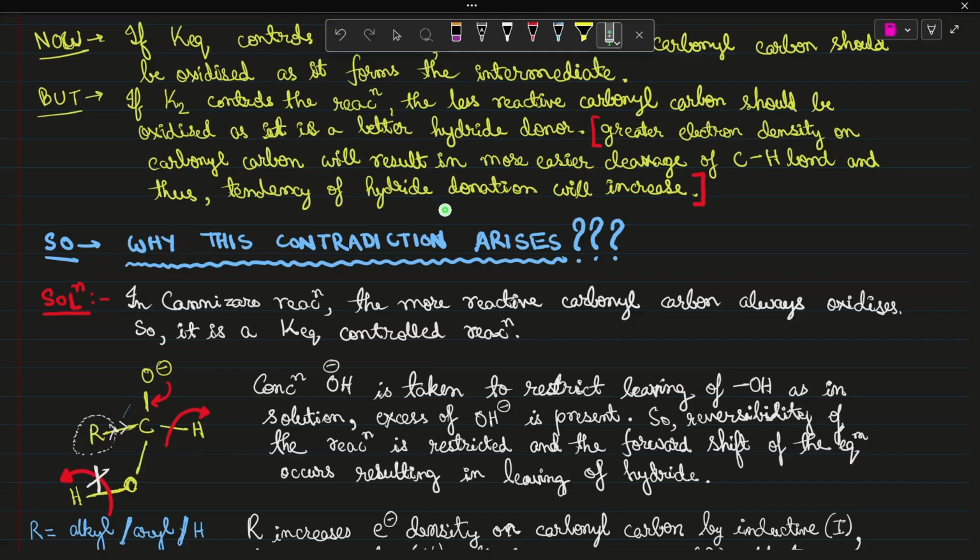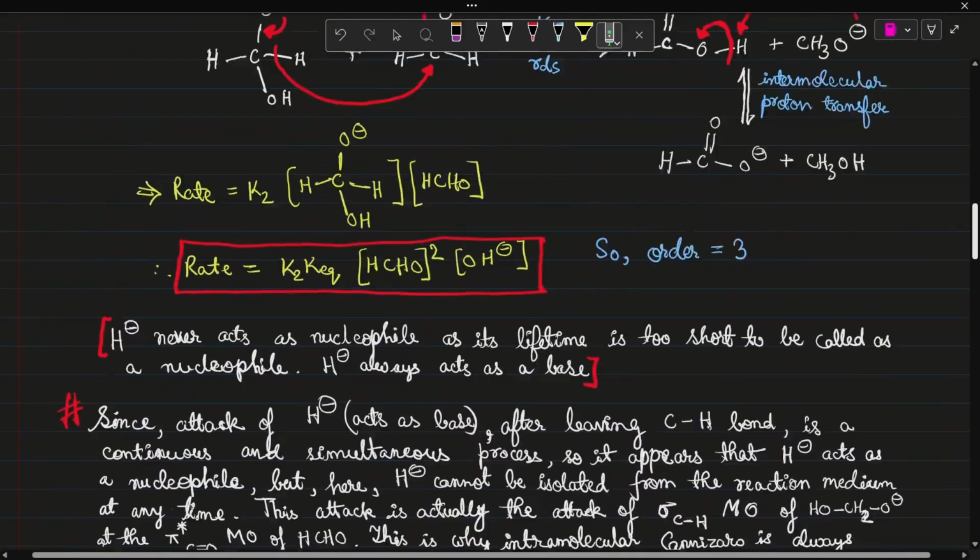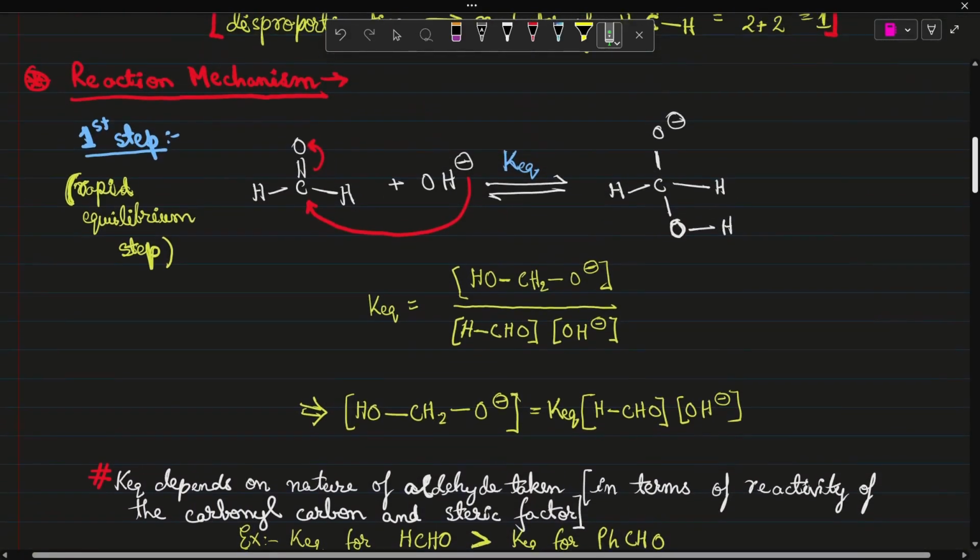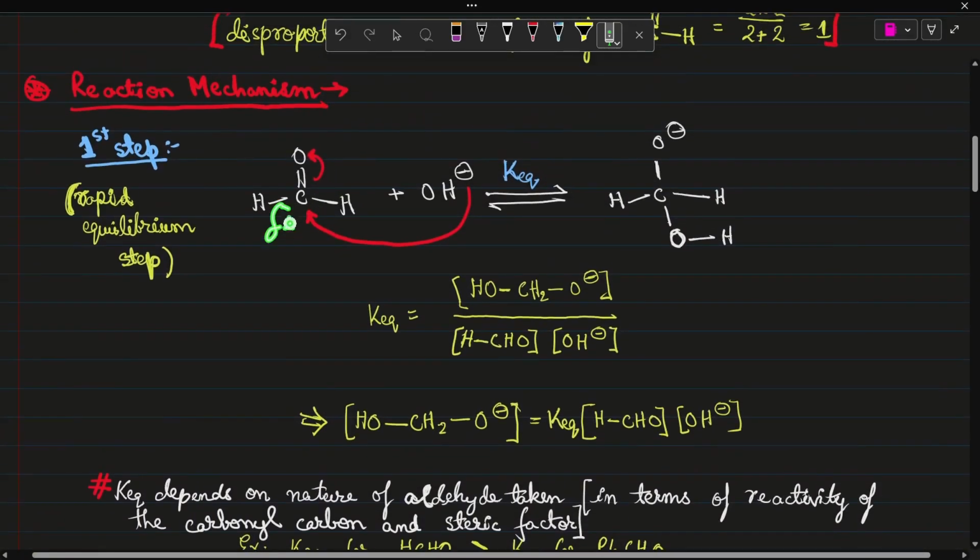Now, there is a very important thing. As I said, the reactivity depends on the delta positive, right? But if somebody donates electrons here, this reduces the delta positive character of the carbonyl center, but this greater electron density in the carbonyl center helps the hydride leave easily, because this bond then becomes weaker.